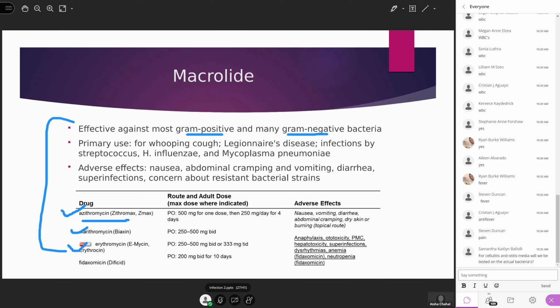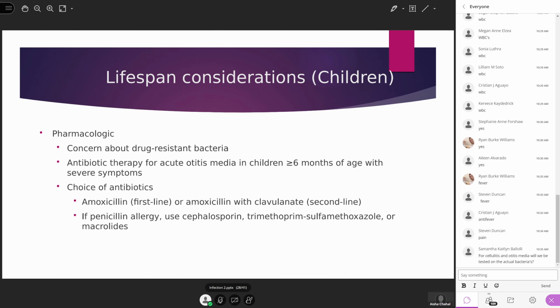Clarithromycin, erythromycin, these I've never seen, but these three are commonly used in the hospital setting. The main consideration is a concern for drug-resistant bacteria that we already talked about, and antibiotic therapy in children more than 6 months with severe symptoms.